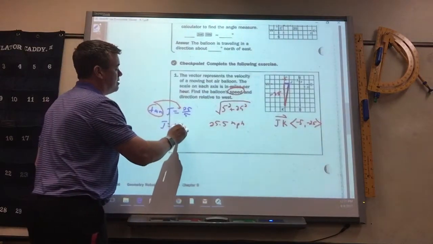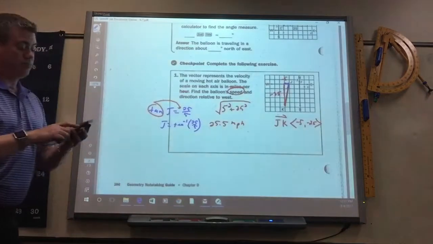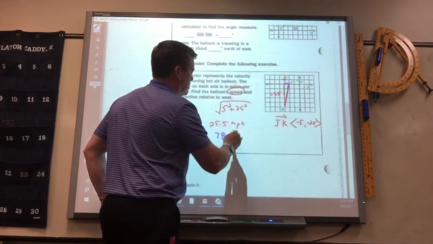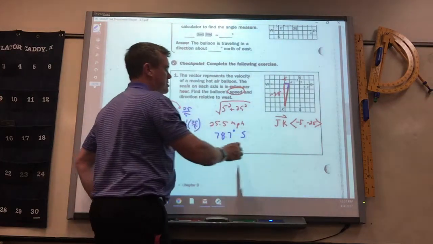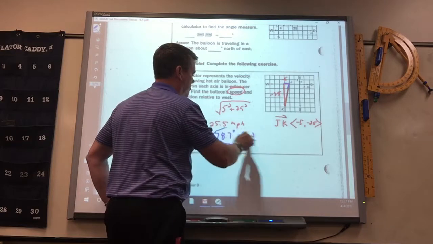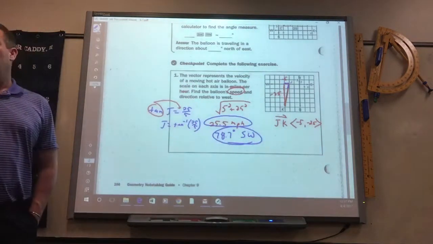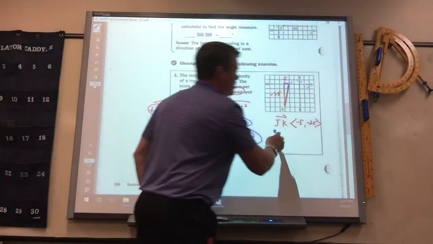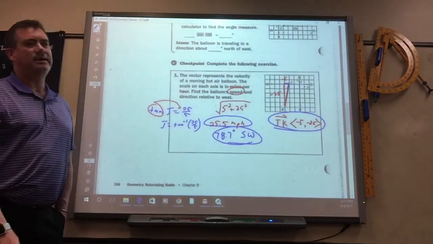J is the tangent inverse of 25 fifths. 78.7 degrees, and that's going down, which is south, to the left, which is west. So there's the speed, there's the direction. When we do these on the test in a couple days, you've got to do this, the speed and the direction. Okay?